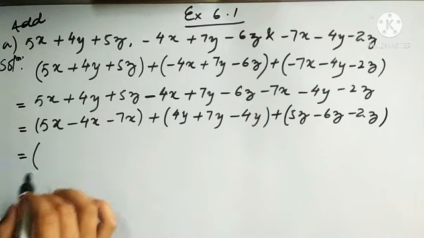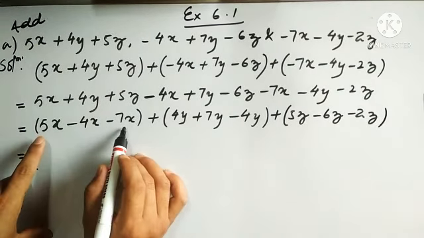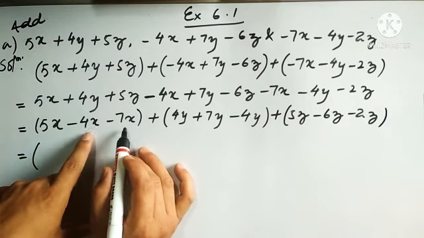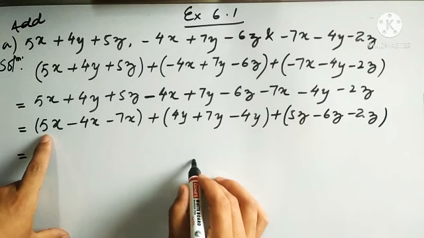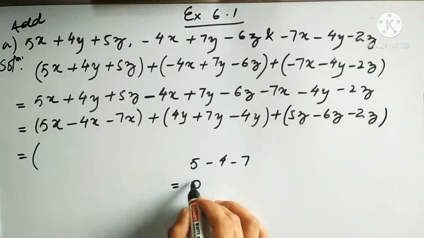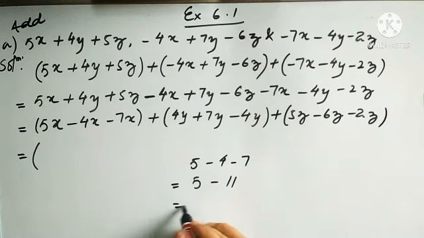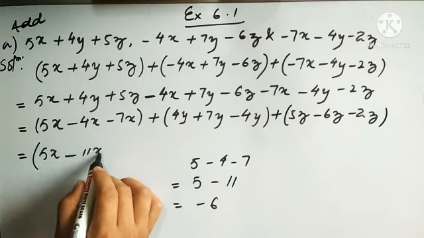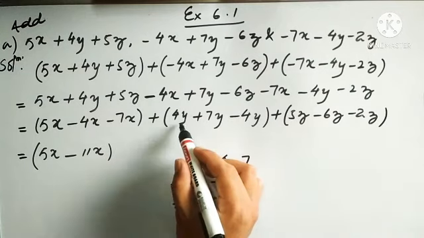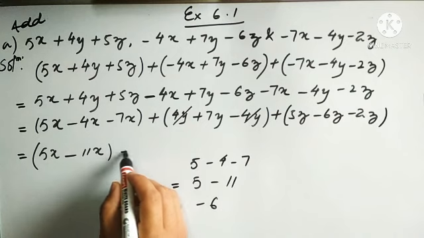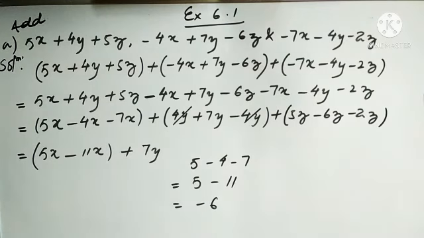Out of these three terms, one term is positive and the other two terms are negative. Same thing, when I give you 5 minus 4 minus 7, you can write 5 minus 11, and finally you will get minus 6. Similarly, I'll write here 5x, then minus 11x. And what about this? 4y minus 4y, you can cancel, so you'll get plus 7y.